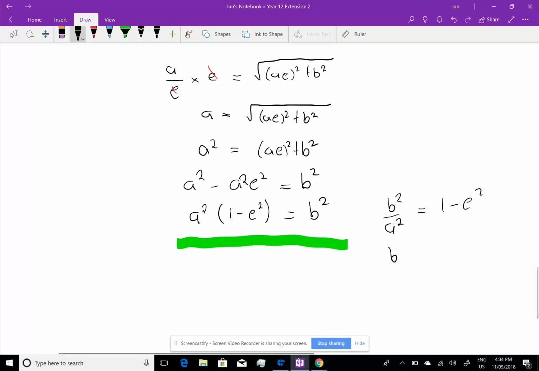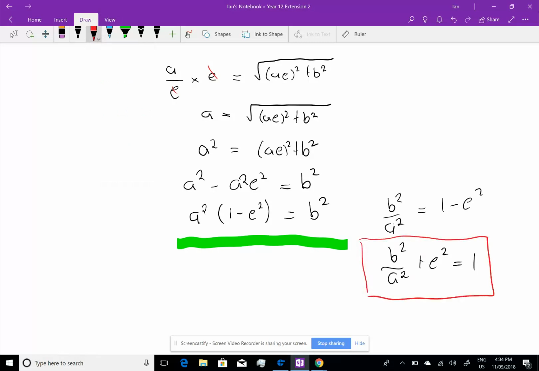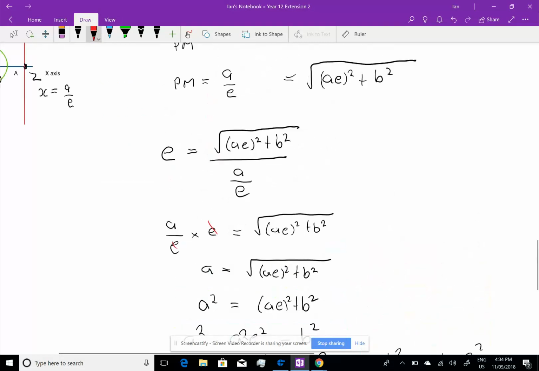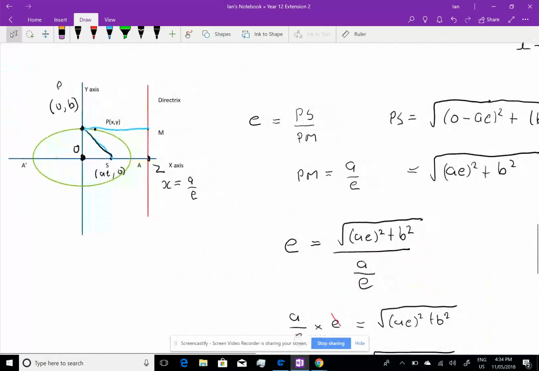So B squared on A squared plus E squared equals 1. And we're going to use that in a moment, but I wanted to show you where it came from.